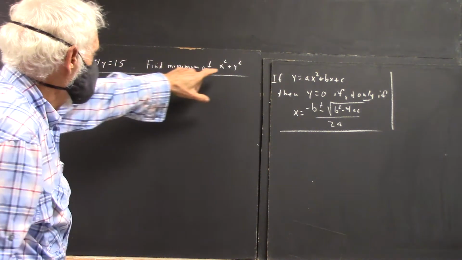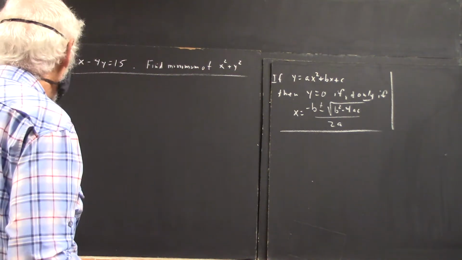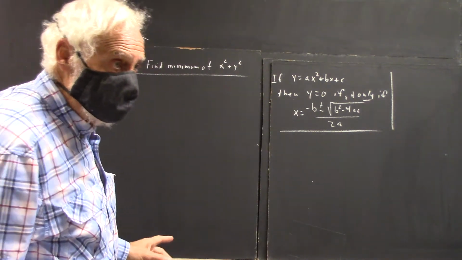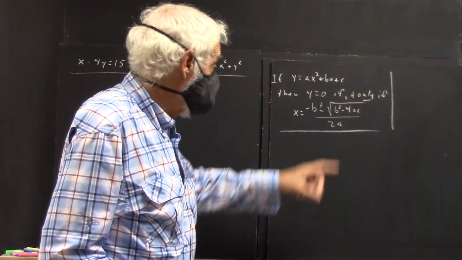But okay, so we want to find the minimum of x squared plus y squared. Now we know how to find the minimum or maximum of a quadratic function.